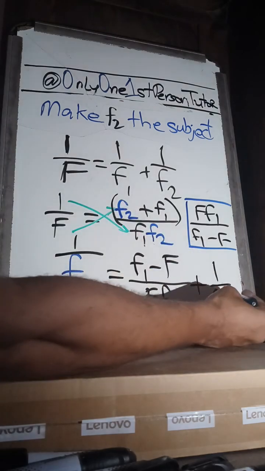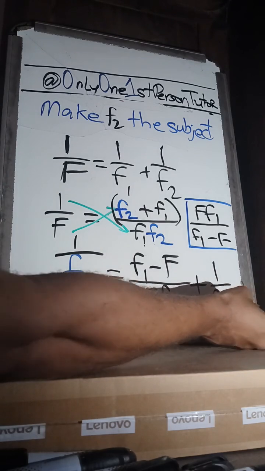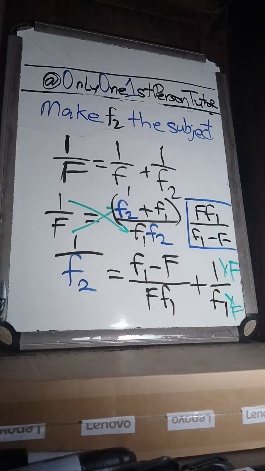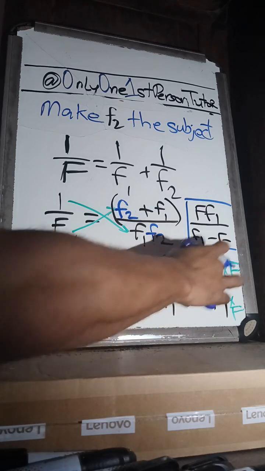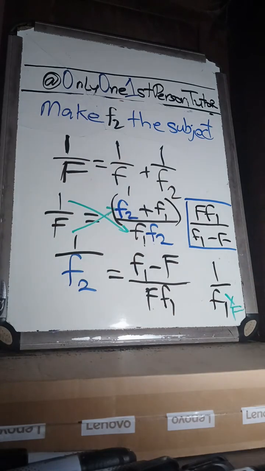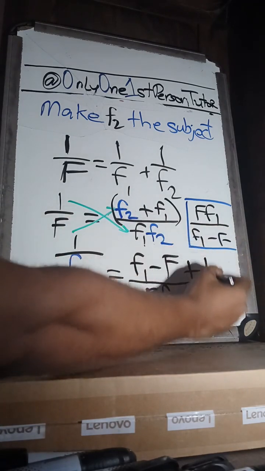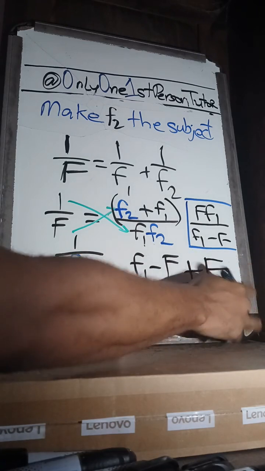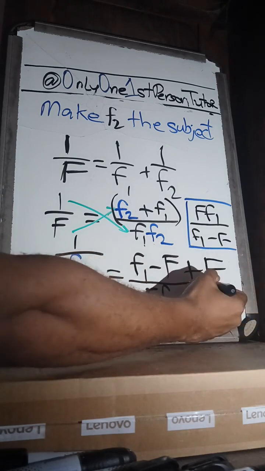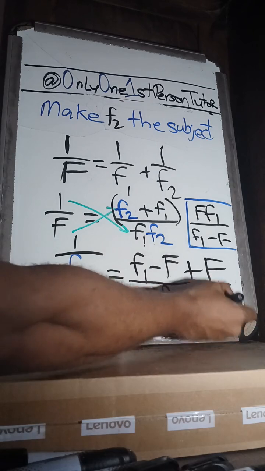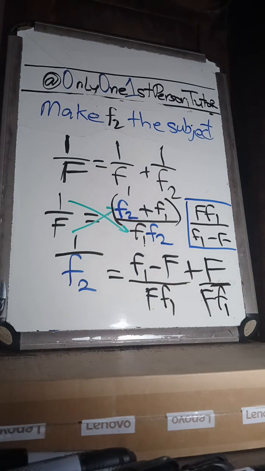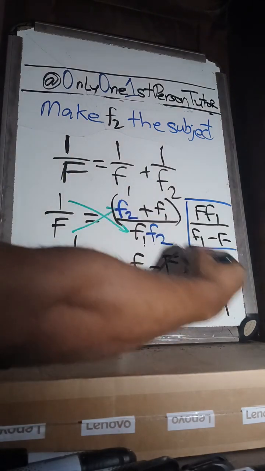So, if we multiply this, what would happen there is that we'd end up with capital F up here. Over... So then now F minus F.